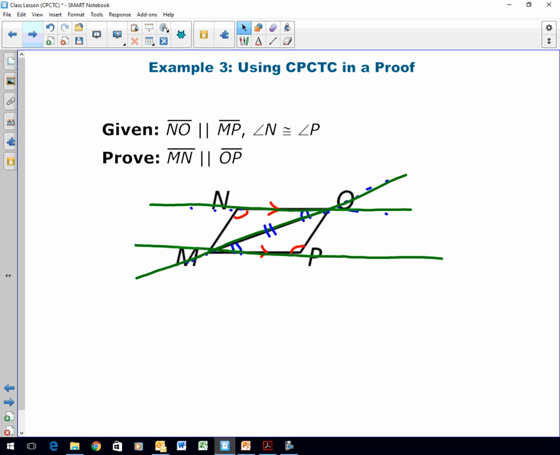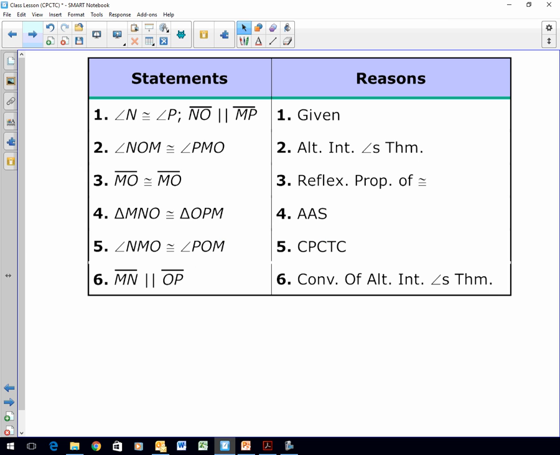If the corresponding parts are congruent, that means that these two angles will be congruent to each other. I've got two pair of alternate interior angles to tell me, this is where that converse would come in. Converse of the alternate interior angle theorem will tell me that the lines that create those angles are parallel.